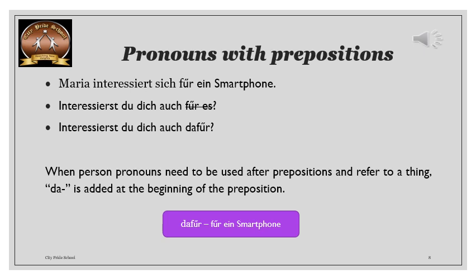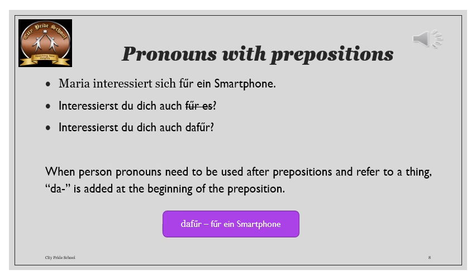So when personal pronouns need to be used after preposition and refer to a thing, da is added at the beginning of the preposition. So here dafür is used for ein Smartphone.